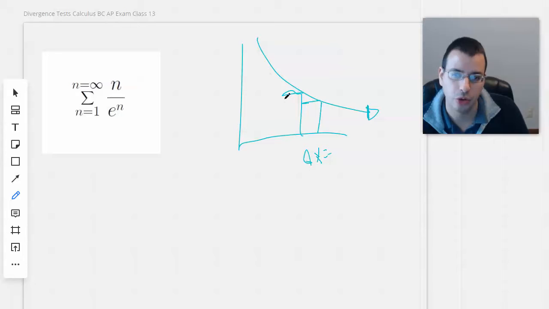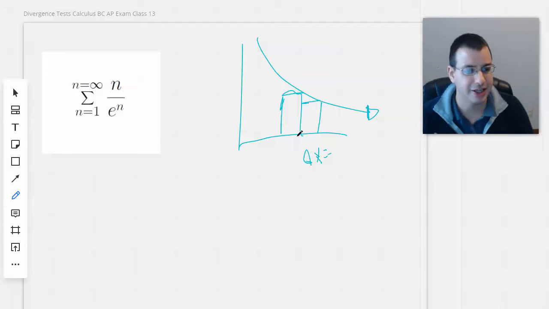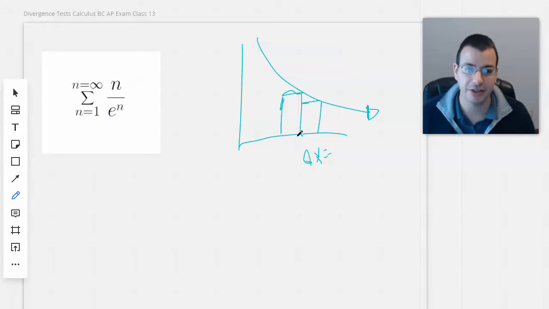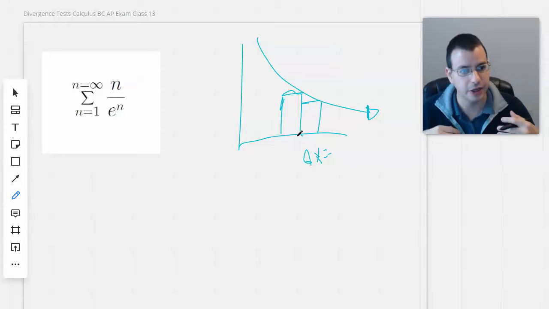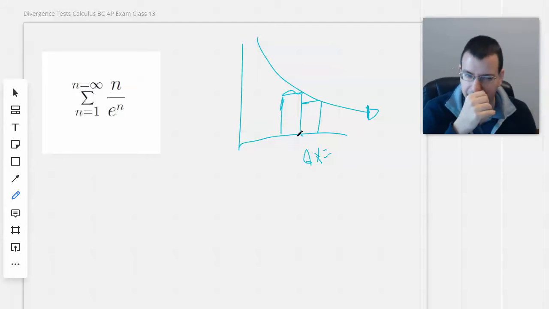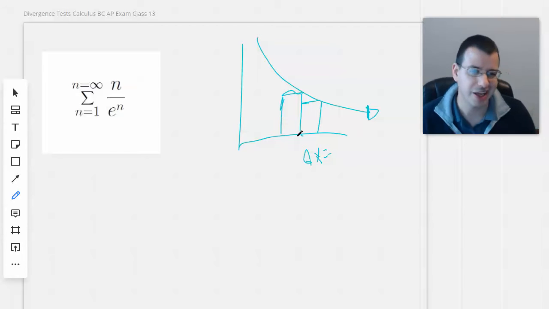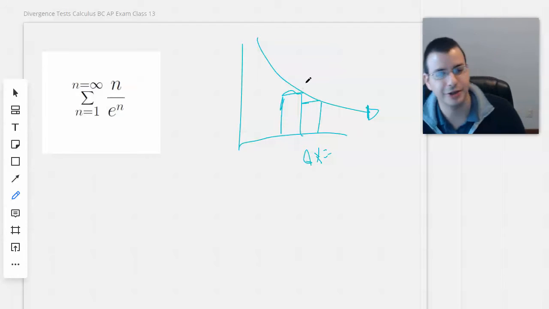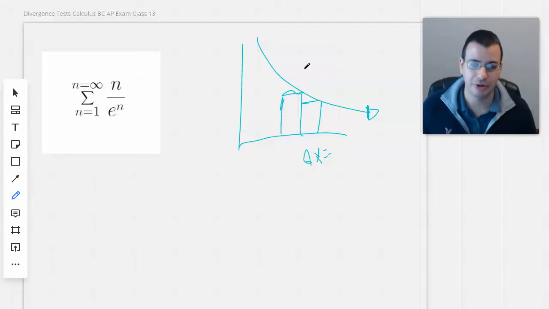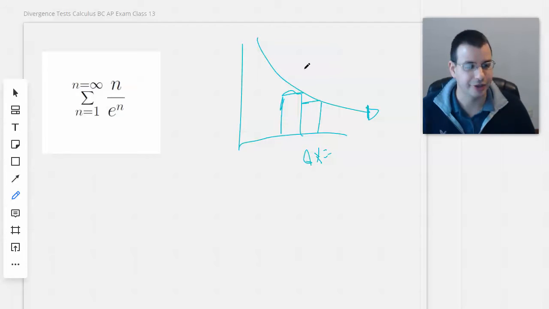So this Riemann sum is kind of like an integral, and if this integral converges, then the series itself will converge, which is mostly true. One of the caveats that's sometimes important.